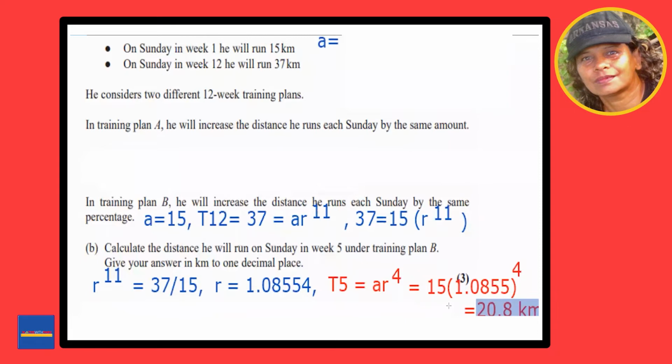All right. So here, let's look at the information given to us. In training plan B, he increases his distance by the same percentage. Again, we have the first term is 15, the 12th term is 37. Let me remind you that the nth term of a geometric series is given by a times r to the power n minus 1. The earlier one was for arithmetic, this is for geometric.